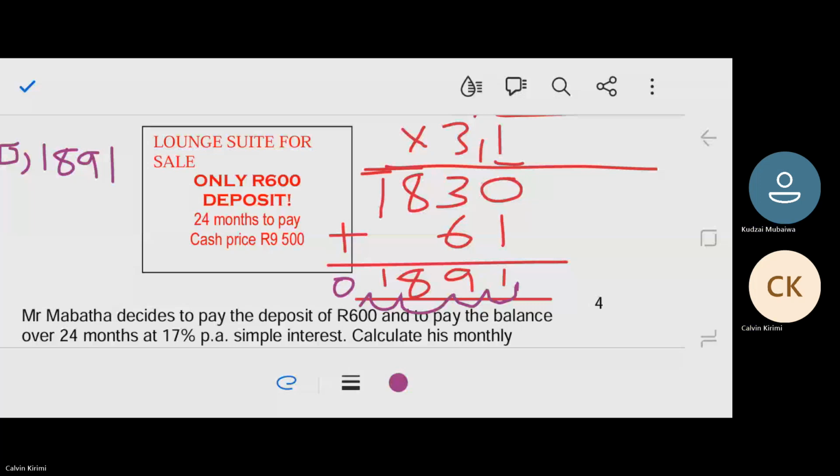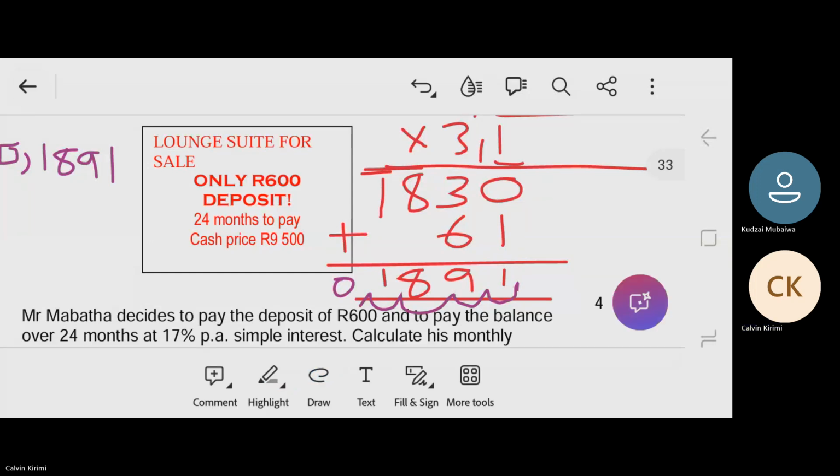No, sir. Are you done with the standard form? No, sir. What is the standard form of 0,1891? Is it 1,891?